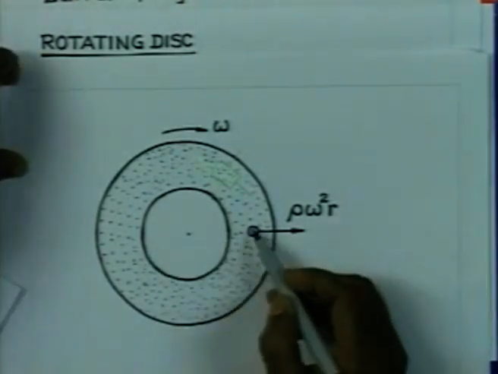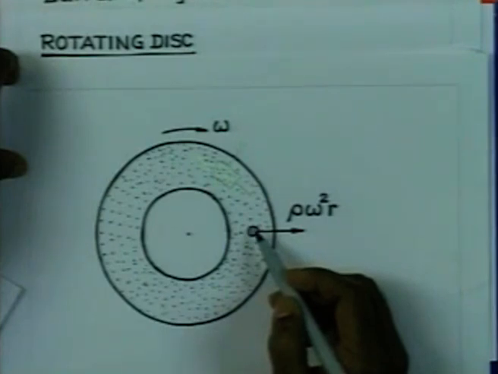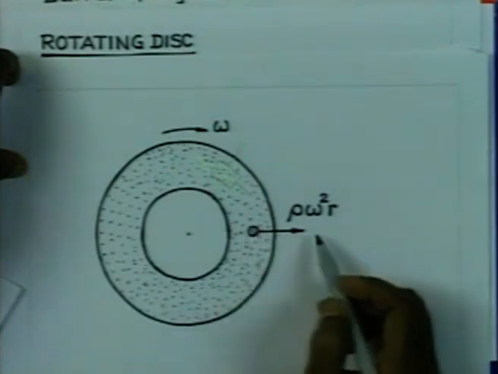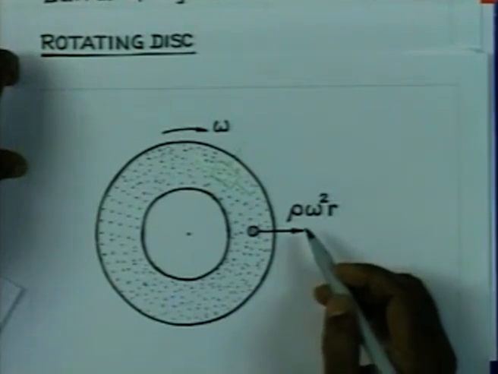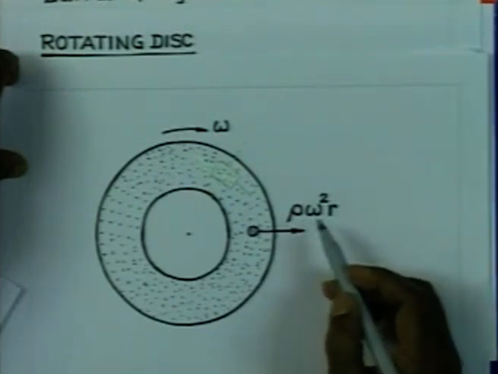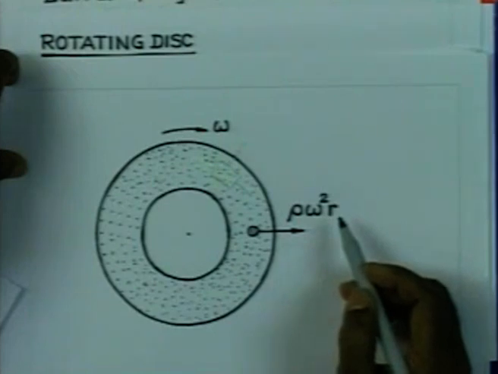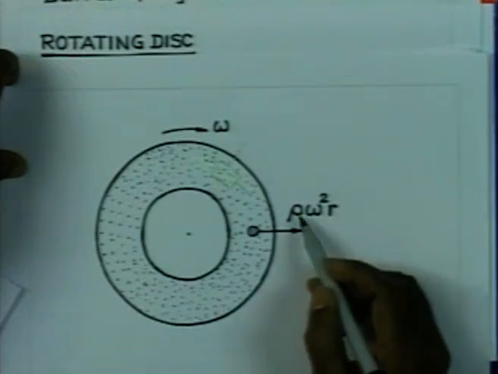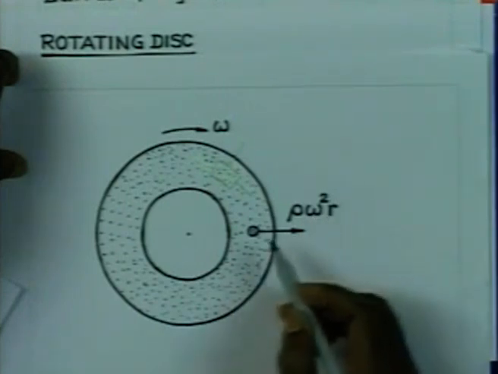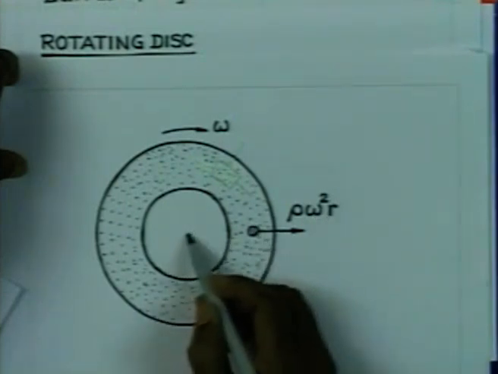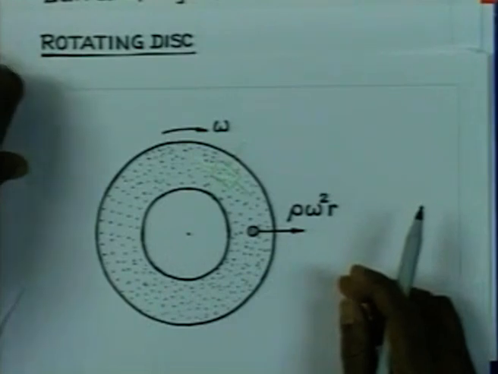Then each point of the rotating disc is subjected to centrifugal force whose intensity is going to be given by rho omega square into r, where rho is the density of the material, omega is the angular velocity, and r is the distance of the point from the center of the disc.